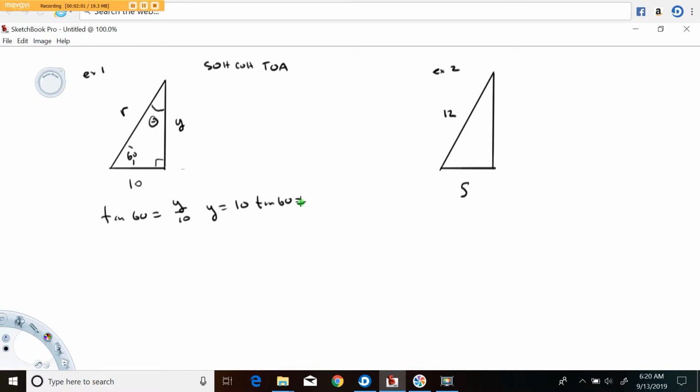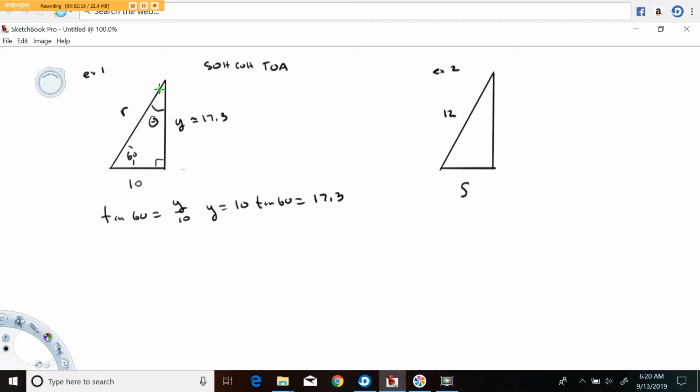Okay, 17.3 approximately, good enough. All right, next, so this is now a known value.